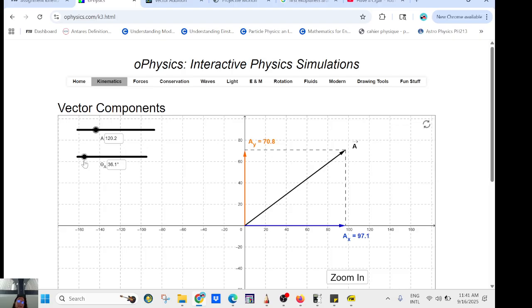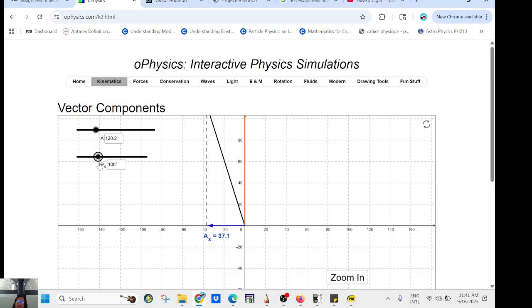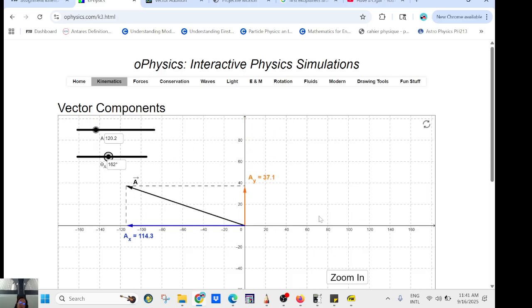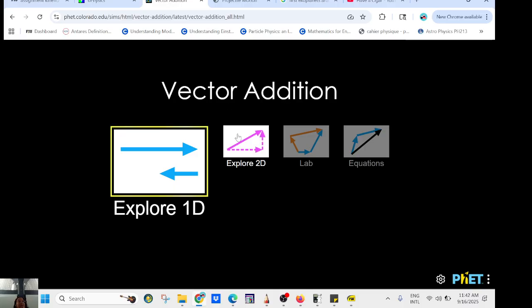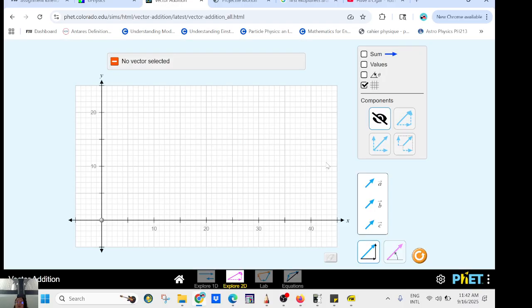So it's not that hard. You can increase the angle here. Okay. So counterclockwise, you open. So 162. If you do 120, the magnitude, times cosine 162, it's going to be negative. And then if you do 120 sine 162, it's going to be positive. Agree? But you already know that because I told you to open your textbook.